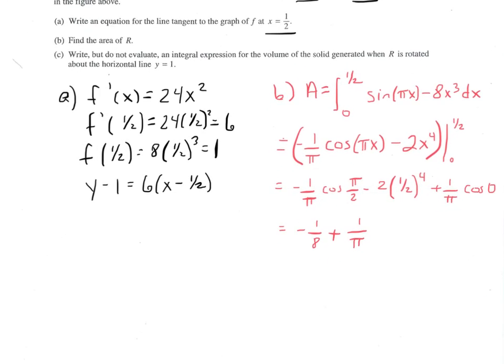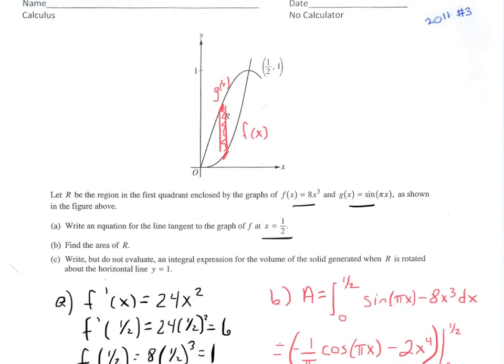Part C is we are writing but not evaluating an integral expression for the volume about the horizontal line y equals 1. Okay, so y equals 1 is over here. And here's our rectangle. So it looks like we're using washers.